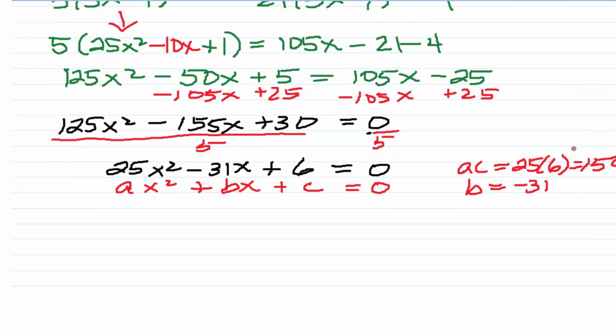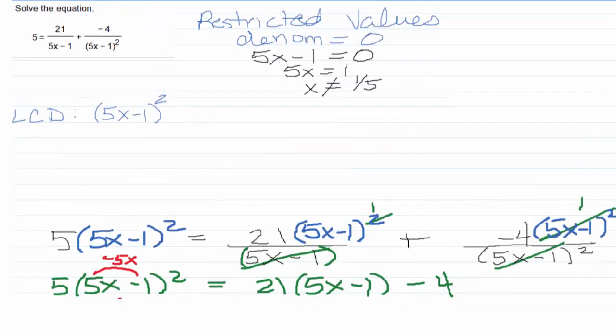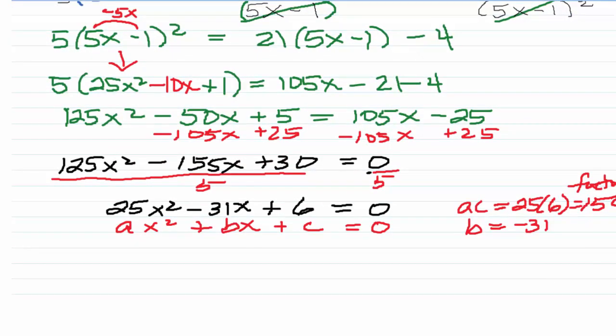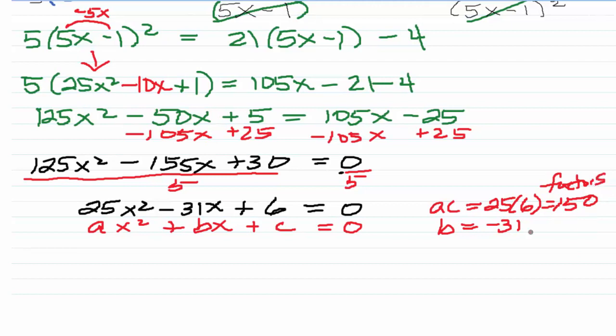What you're looking for is factors of 150, two numbers that multiply to give you 150 and sum to negative 31. It just so happens that 25 and 6 add up to 31. So if I factor 150 into negative 25 times negative 6, those factors would add up to negative 31.